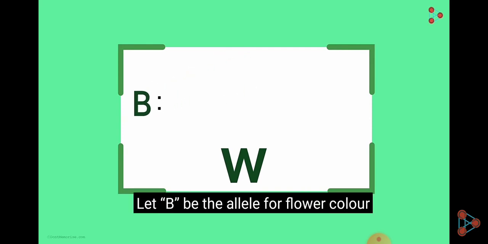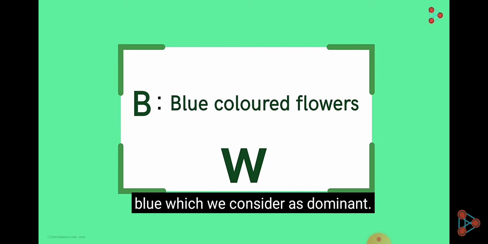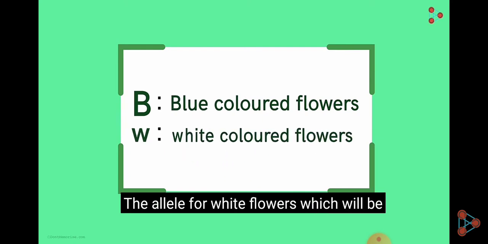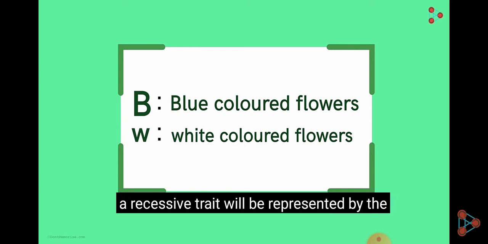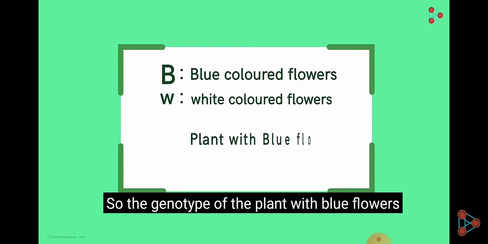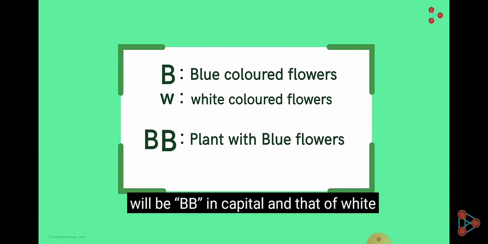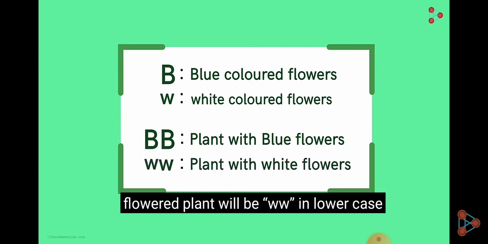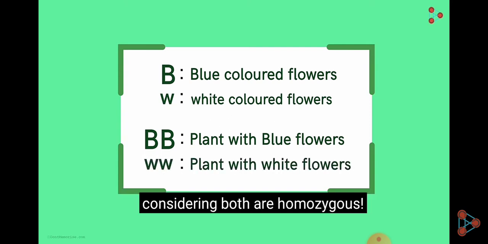Let B be the allele for blue flowers, which we consider dominant, and the allele for white flowers, which is a recessive trait, will be represented by lowercase w. So the genotype of the plant with blue flowers will be BB, and that of white flowered plants will be ww, considering both are homozygous.